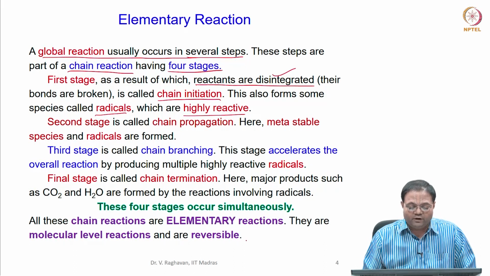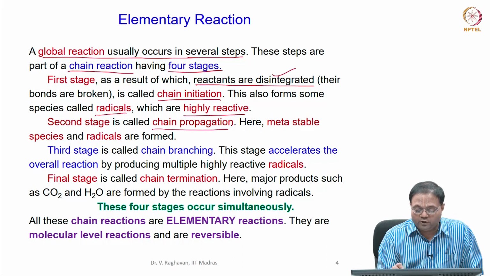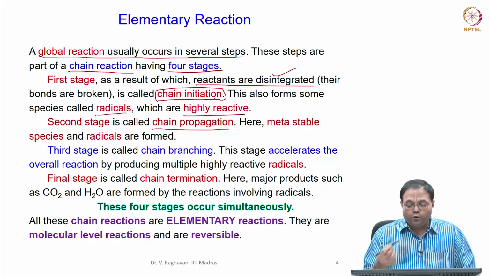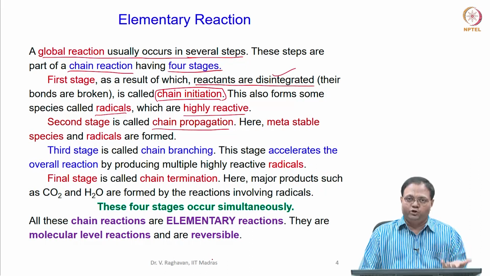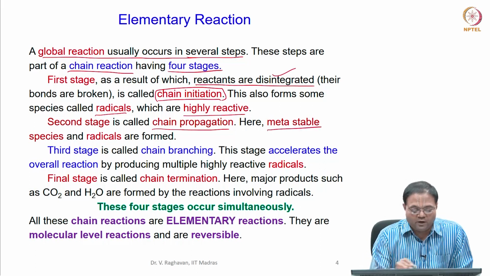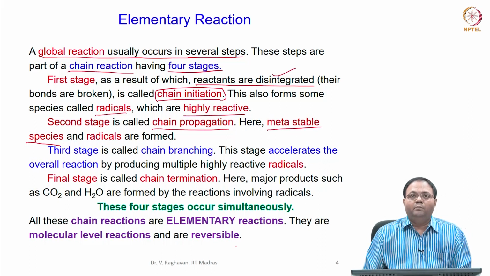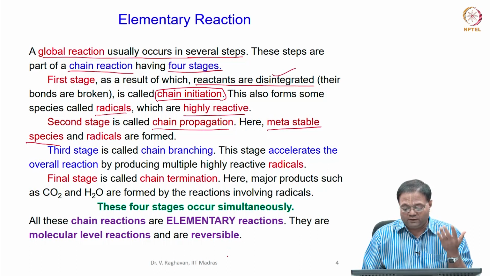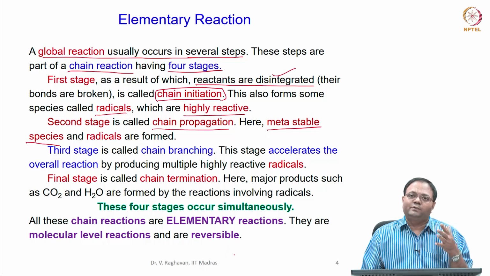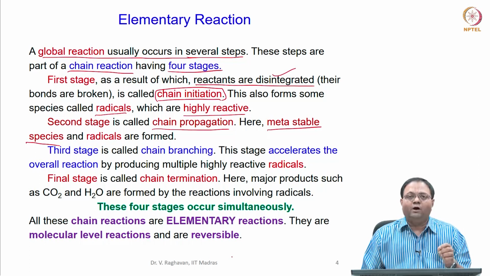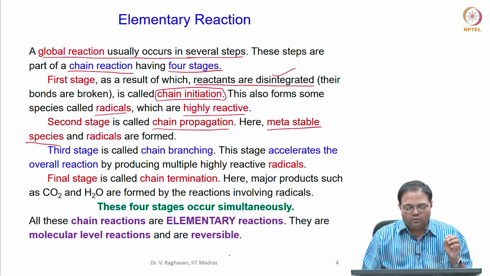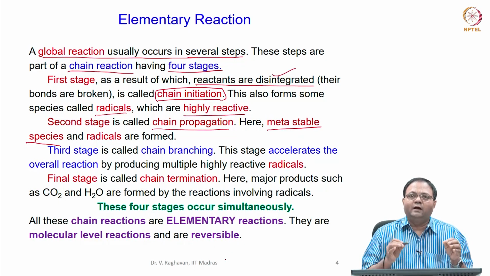Now the second stage is called chain propagation. The chain has been initiated first, and this chain reaction is now propagating to the next step, producing 2 types of species. One is called metastable species. The name itself suggests metastable: it is not completely stable. Stable species, say CO2, H2O, are much more stable. Metastable species are not so weak, but they are not strong either.